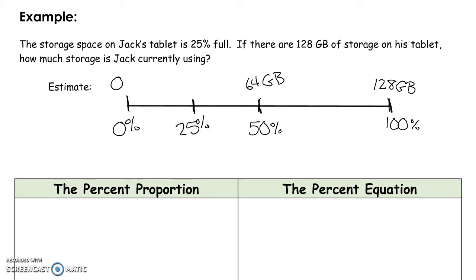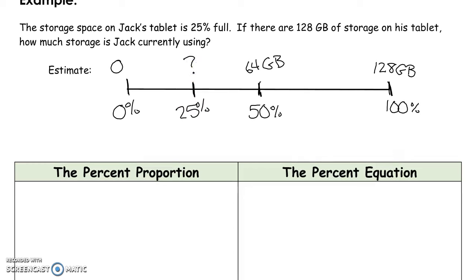So I know that the amount of storage that Jack is using is going to be between 0 and 64 gigabytes. It actually turns out that it's right in the middle, because 25% is exactly between 0 and 50. But all we're going to say right now, just to help us get a reasonable answer, is that he's using less than 64 gigabytes of storage. So our final answer has to be less than 64 gigabytes.